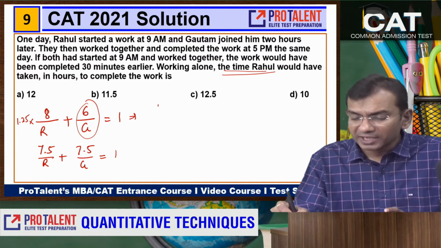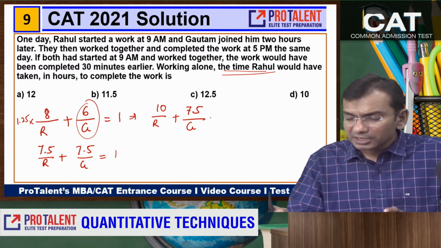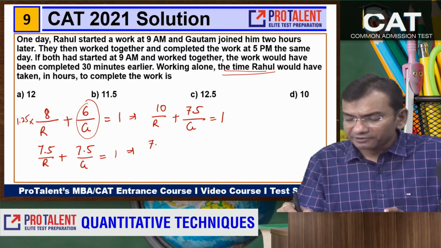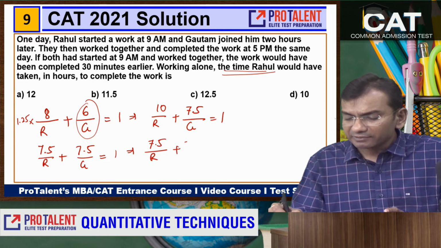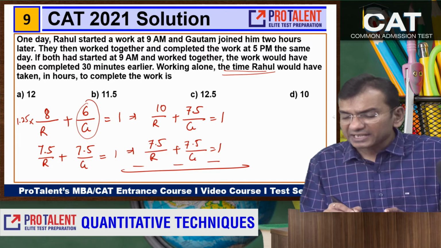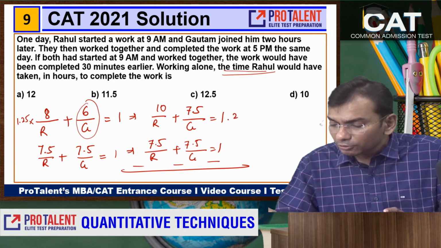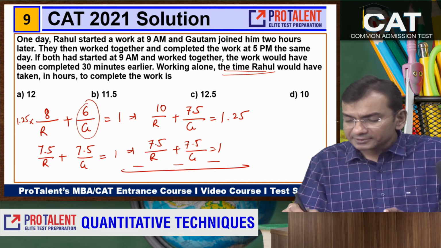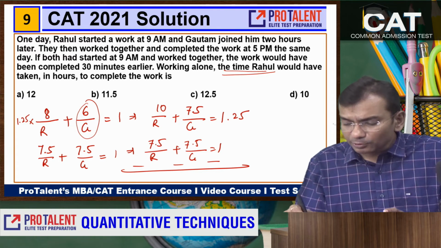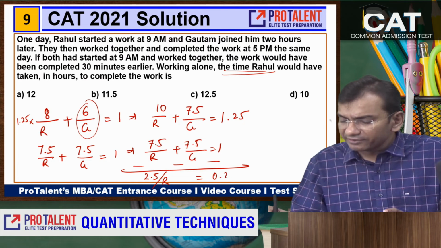My equation will be 10 by r plus 7.5 by g is equal to 1. This is 7.5 by r plus 7.5 by g is equal to 1. I subtract this, minus minus minus. So what do I get is, this is 1.25. Okay, so what do I get is 10 minus 7.5, 2.5 by r is equal to 0.25. ठीक है.